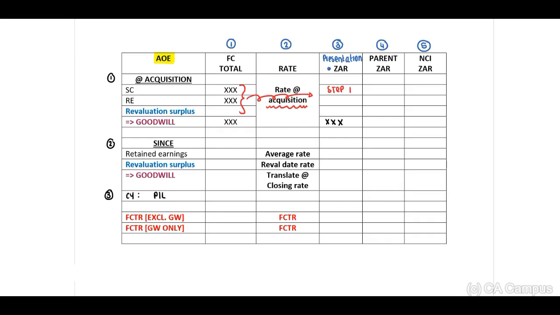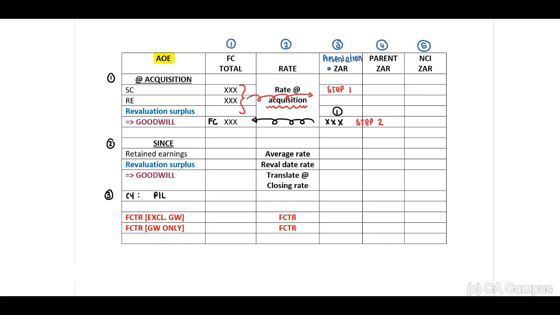Remember, this will be the difference between your consideration paid and your net assets. Will either be goodwill or a gain on bargain purchase. Your step 2, you need to calculate your goodwill first in your presentation currency, and then you need to translate this back to your foreign currency.